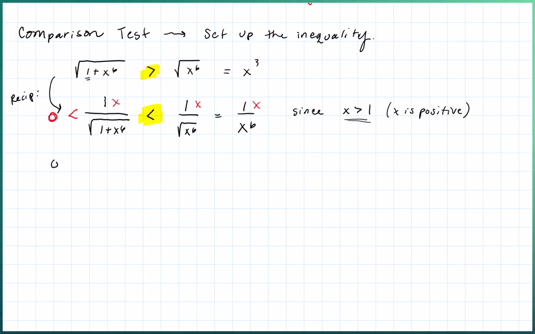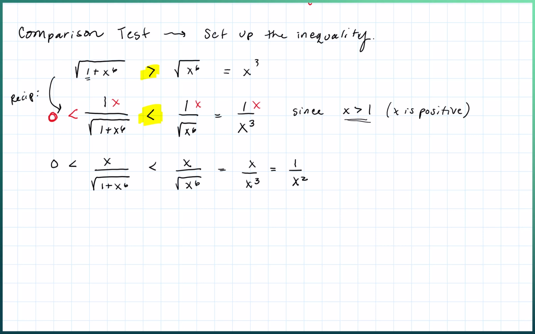So x over the square root of 1 plus x to the 6th is less than x over the square root of x to the 6th, which of course is just x over x to the 3rd. I realize here I carried the 6 over, not the 3. X over x cubed, which is 1 over x squared.